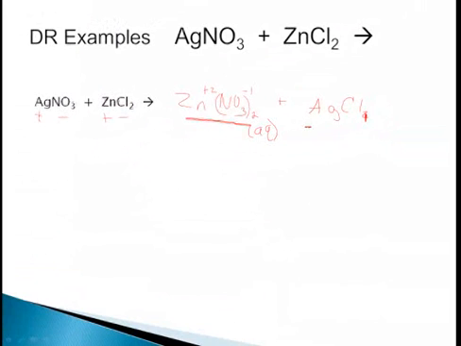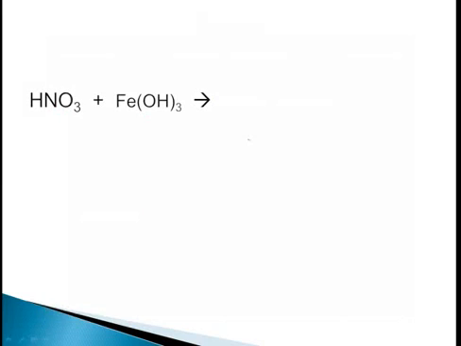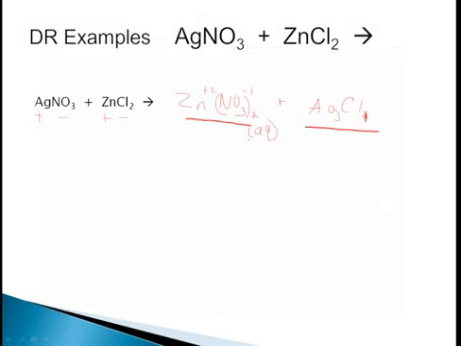And then I have silver chloride, so let's look for silver chloride. Chlorides are soluble unless the exceptions include silver. So if I have a chloride with silver, it will be insoluble. So I have a solid formed, and therefore the reaction will occur.